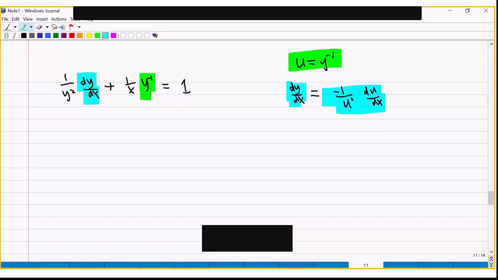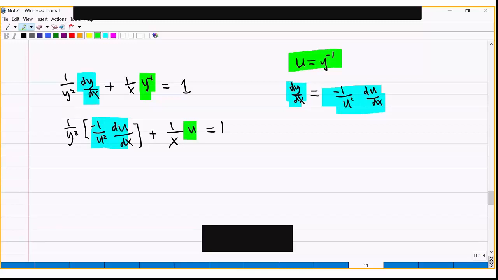So dy/dx is equal to minus 1 over u squared du/dx. Now remember, this one is dy/dx, and this one is u here. How about y squared?